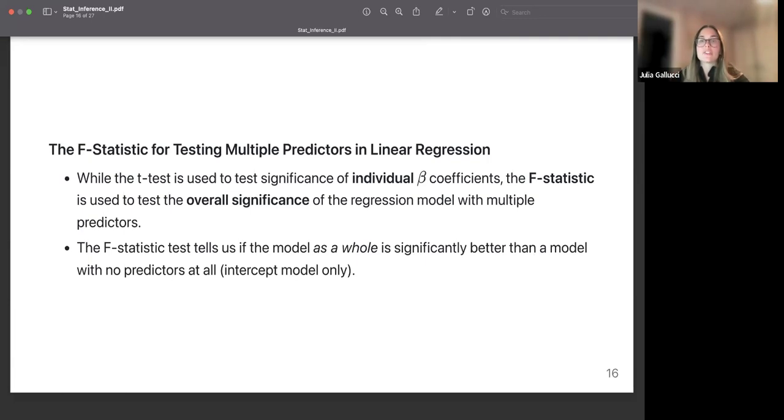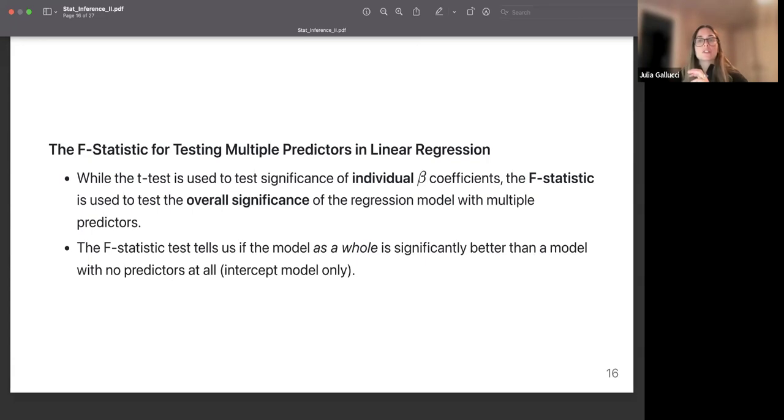So in other words, the f-test is evaluating whether a set of predictors together significantly improve a model compared to a simple model that has only the intercept and no predictors. And this is important because sometimes individual predictors might not show a significant effect individually, but together they might explain a substantial amount of variance within our response variable.